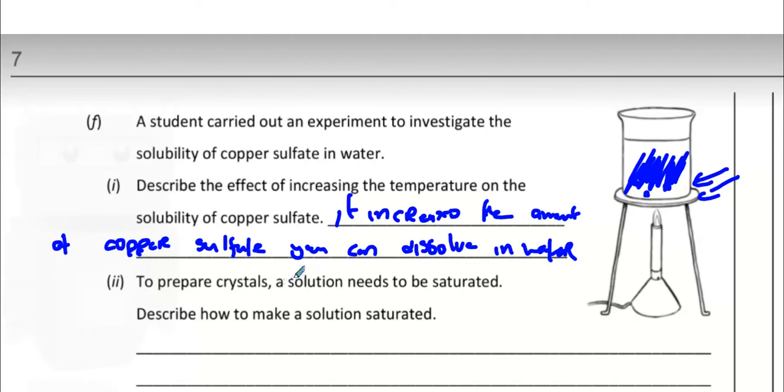Okay. To prepare crystals, a solution needs to be saturated. Describe how to make a solution saturated.